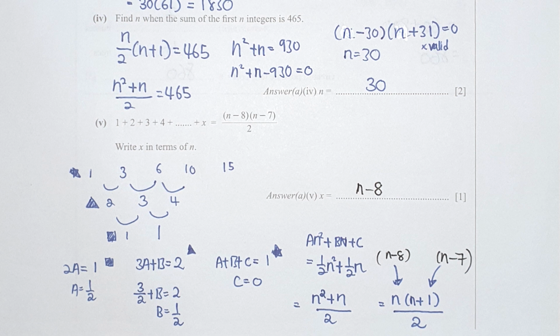By substituting, 1 over 2 n squared plus 1 over 2 n, you will get your result as n squared plus n over 2. So n bracket n plus 1 over 2 is your final result. So your x here will be n minus 8 and your n minus 7 will be n plus 1. So this is what it is trying to show you.